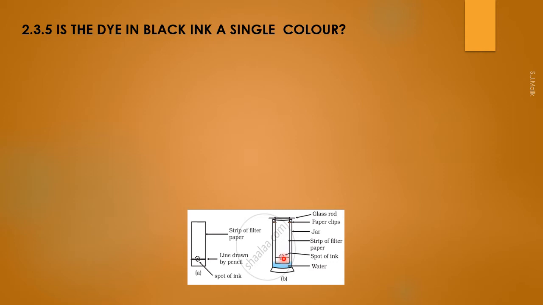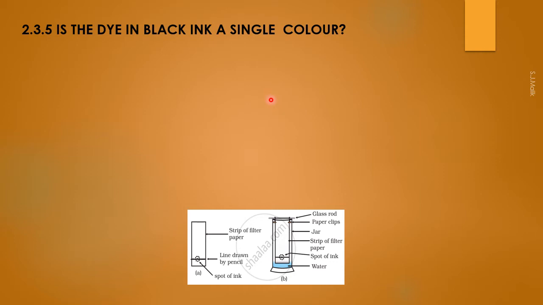Observe carefully as the water rises up on the filter paper and record your observation. What do you observe? On the filter paper, as the water rises on it, what happens? Do you obtain different colors on the filter paper strip? Yes. That proves that the dye in black ink is not a single color.